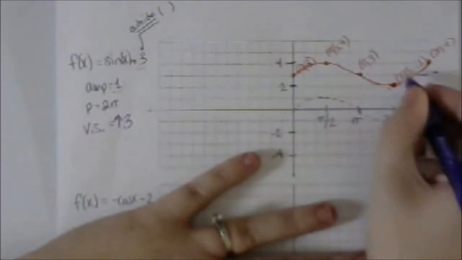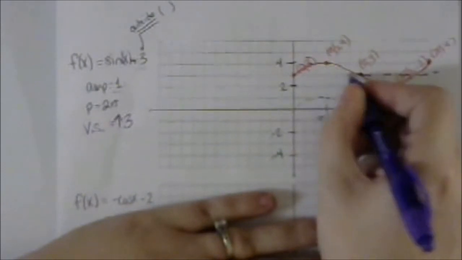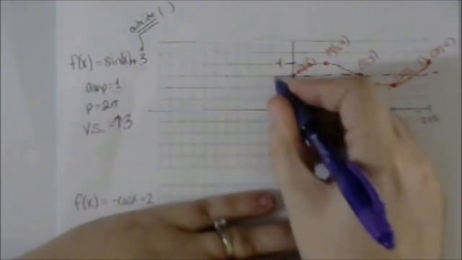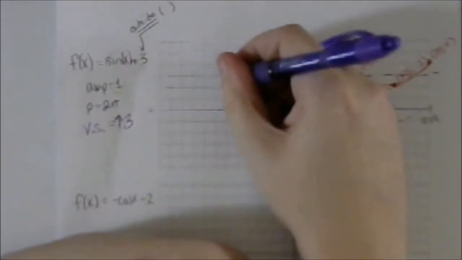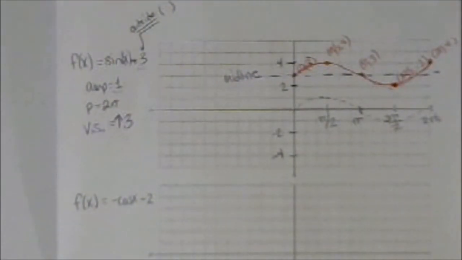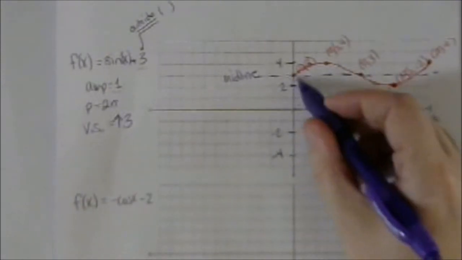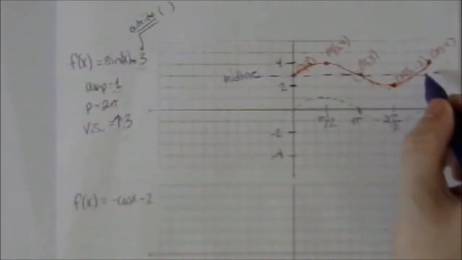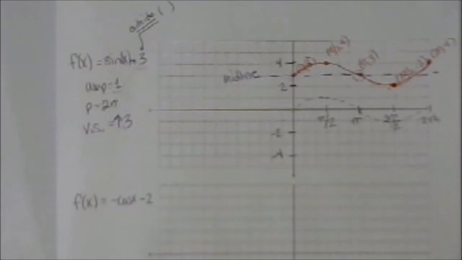In fact, our x-intercepts are no longer going to be called x-intercepts. They're instead going to be referred to as points on the midline.